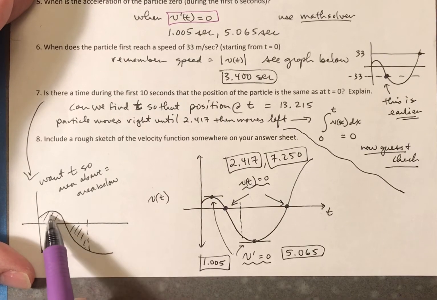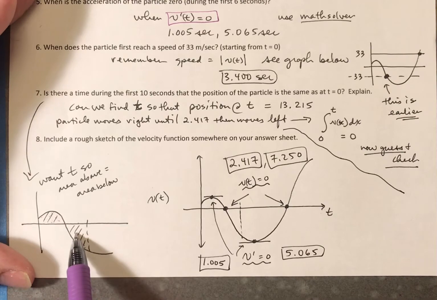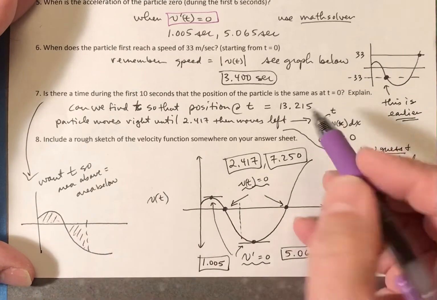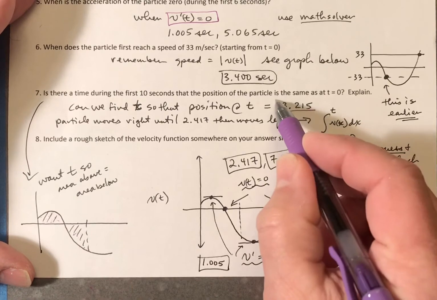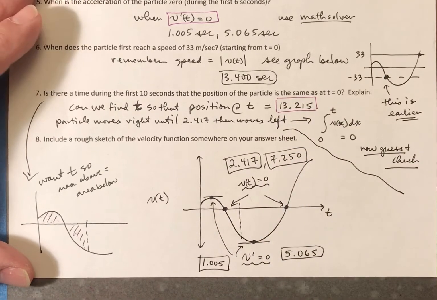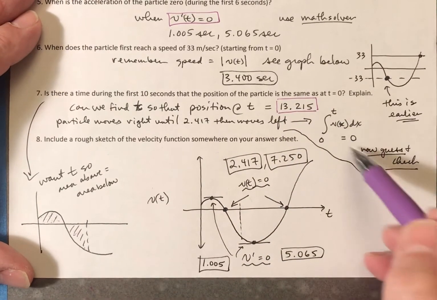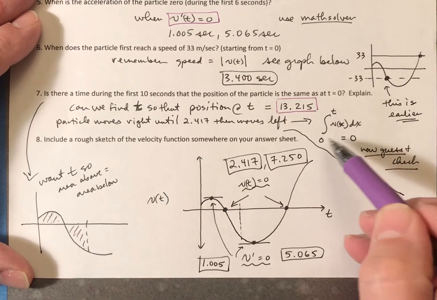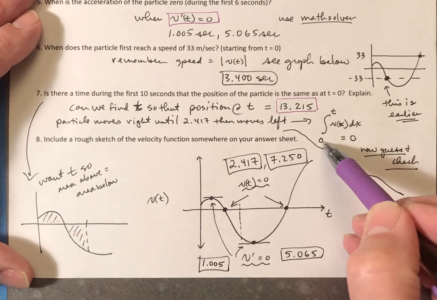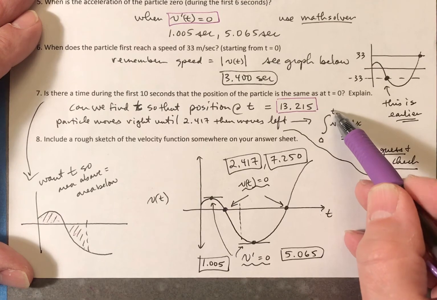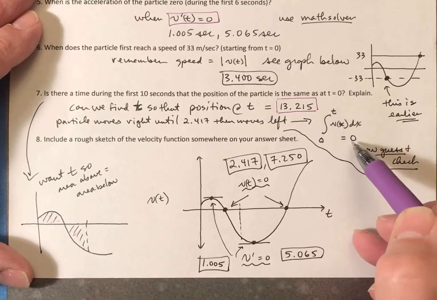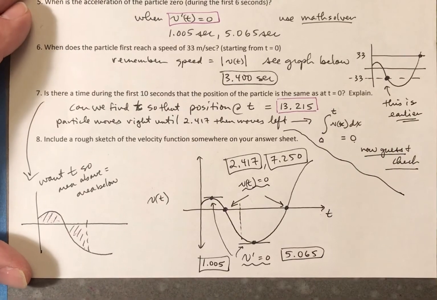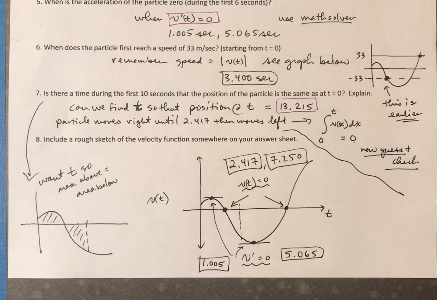When these two areas are equal to each other, then we will be back at the starting position, here at 13.215. If you wanted to come up with that value, you could integrate from 0 to some value, and you could just guess here until the value of that integral is equal to 0.